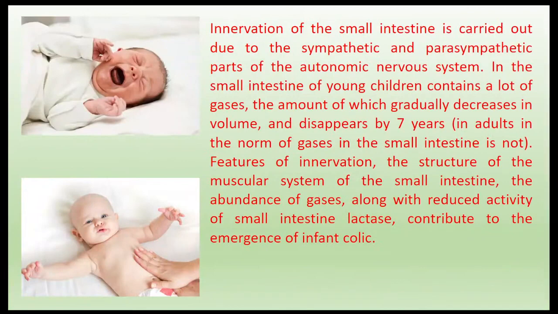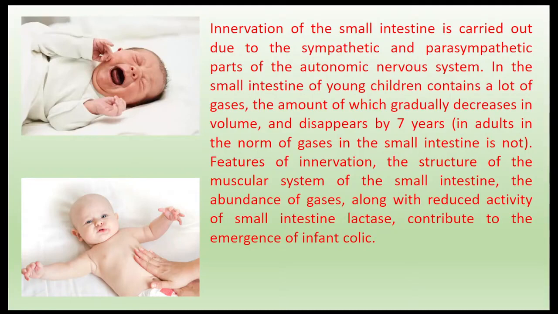Innervation of the small intestine is carried out due to the sympathetic and parasympathetic parts of the autonomic nervous system. The small intestines of young children contain a lot of gases. The amount gradually decreases in volume and disappears by 7 years.